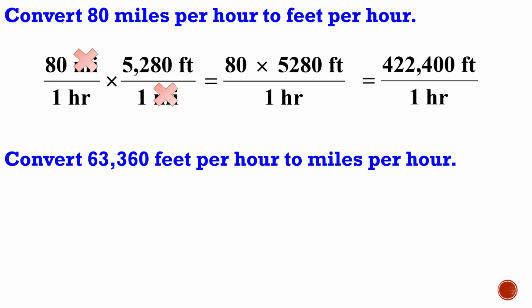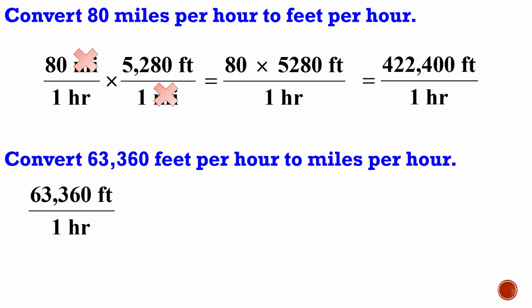Well, we see feet is distance, hour is time, so we'll have 63,360 feet over 1 hour. And we need to multiply by a conversion factor. We're trying to get miles over hours, so our conversion factor simply needs to change feet to miles.